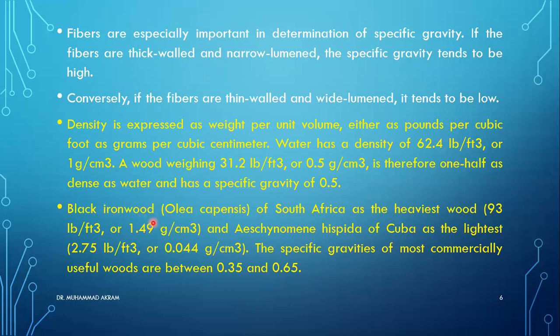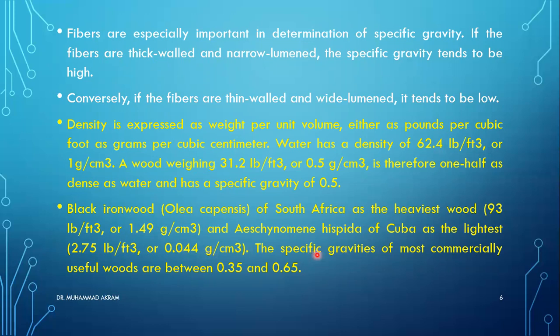Black ironwood, Olea capensis of South Africa, is the heaviest wood, having 93 lb per cubic foot or 1.49 grams per cubic centimeter, and the Solomon's seal of Cuba is the lightest at 2.75 lb per cubic foot or 0.044 gram per cubic centimeter.